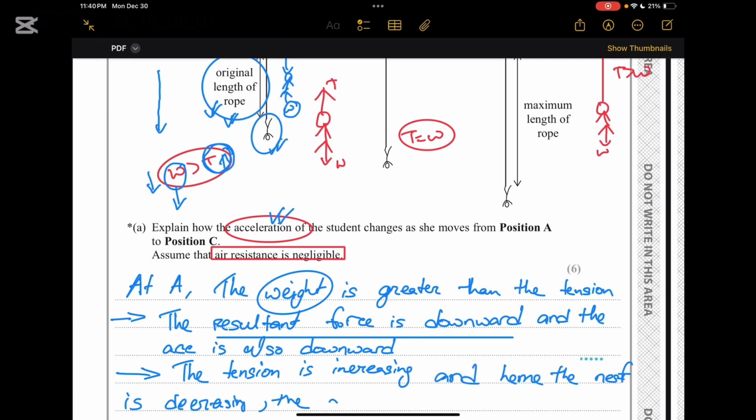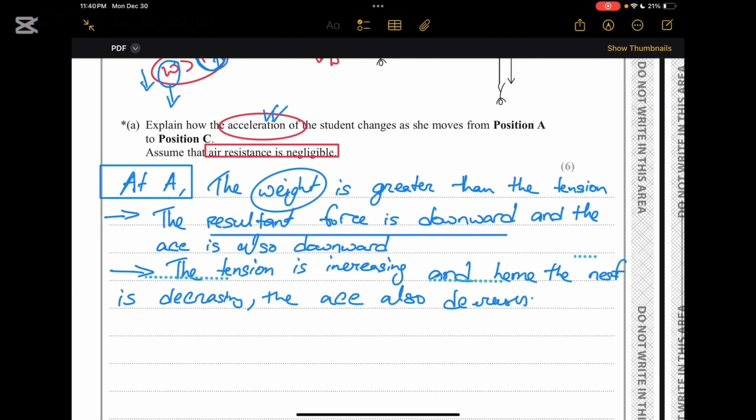So the acceleration also decreases. Alright, so now we can talk about between A and B. Now at B, this was for at A. Now we can write for the B part.